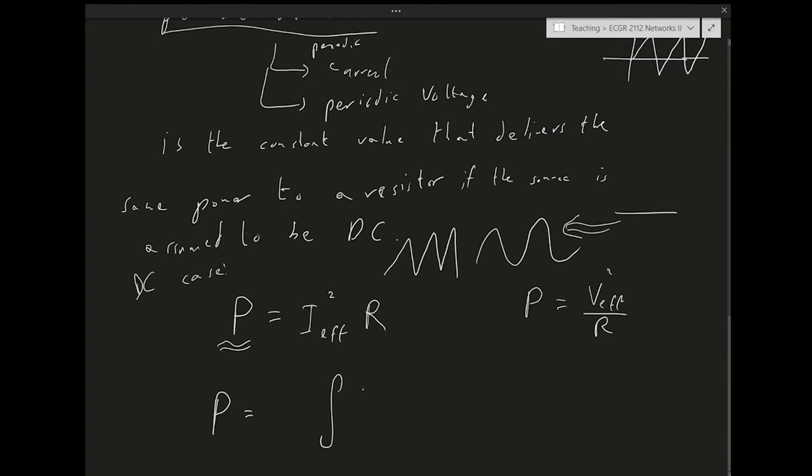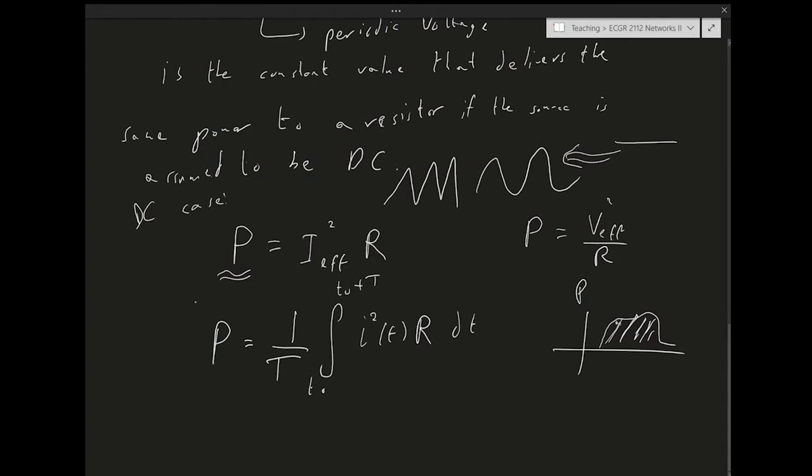It's the instantaneous power, I squared R. This is the power in one moment in time, integrated over the whole period from T0 to T0 plus T. This is the area under the curve. Divide that by the period, that gives me the average power. That's the definition of the average of a signal: find the area under the curve, divide by the period.